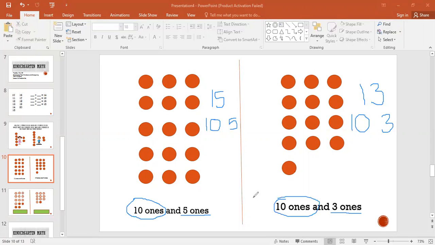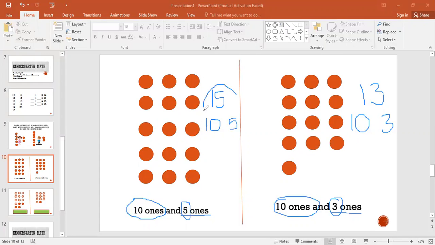So what do I need to do with 5 and 3 if I want to compare those two numbers? I want to see which one is more, which one is greater. So is 5 a larger number, or is 3 a larger number? 5. 5 is greater than 3. So if I know that 5 is greater than 3, does part 1 have more pennies, or does part 2 have more pennies?